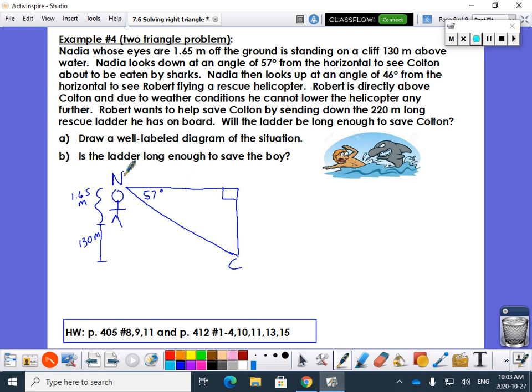Oh, sorry, I'm misunderstanding your question. I'm asking you, if from here to here is 1.65, and then from the top of the cliff to Colton, or the water really, is 130, then we're going to put this together. We're going to add it, which is going to be 131.65 meters.